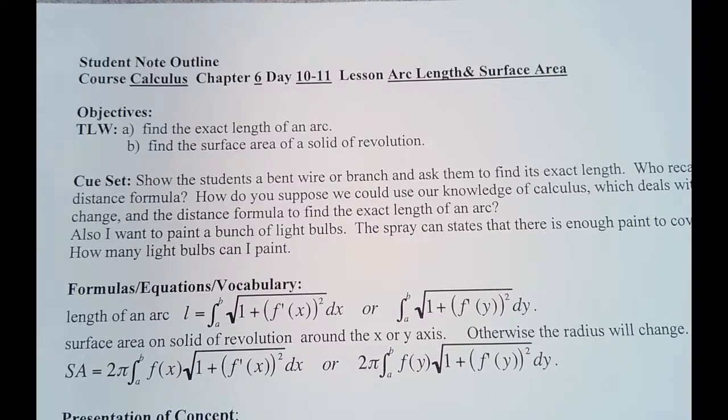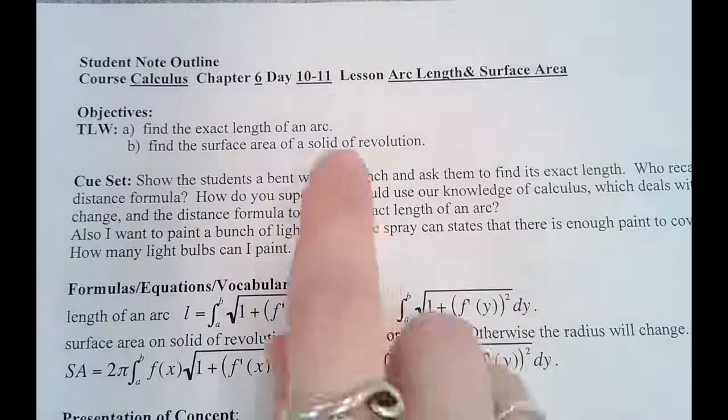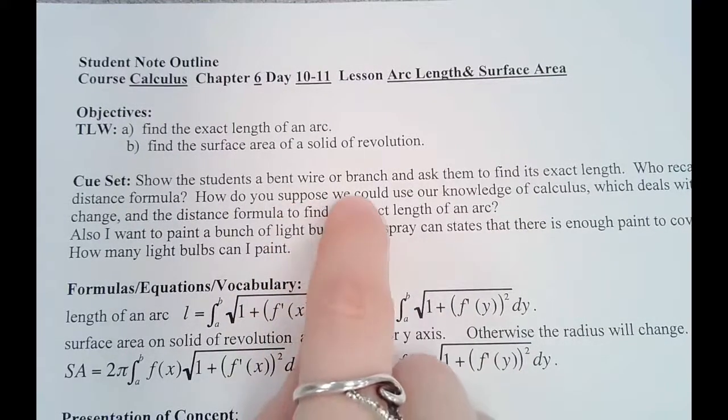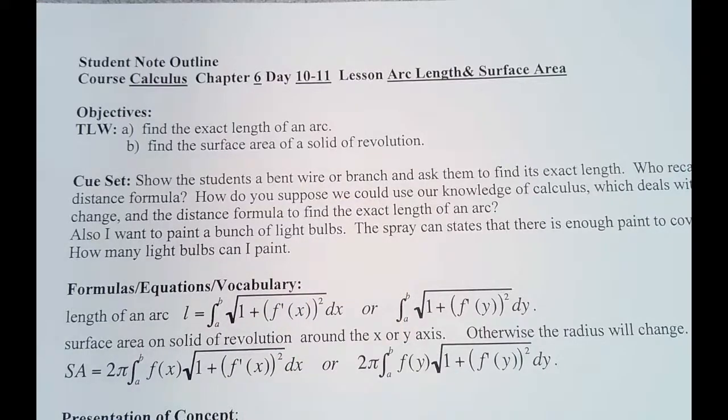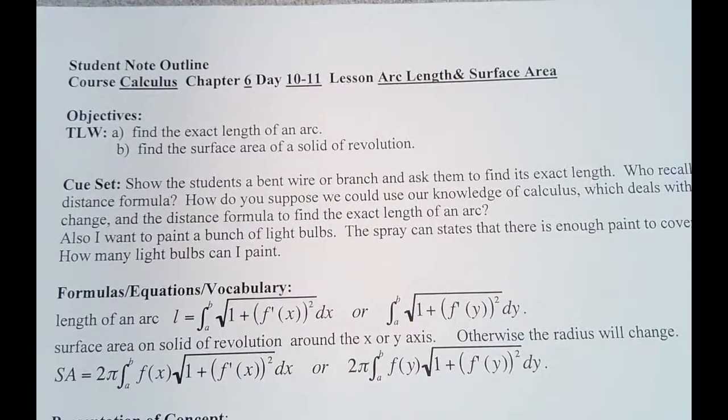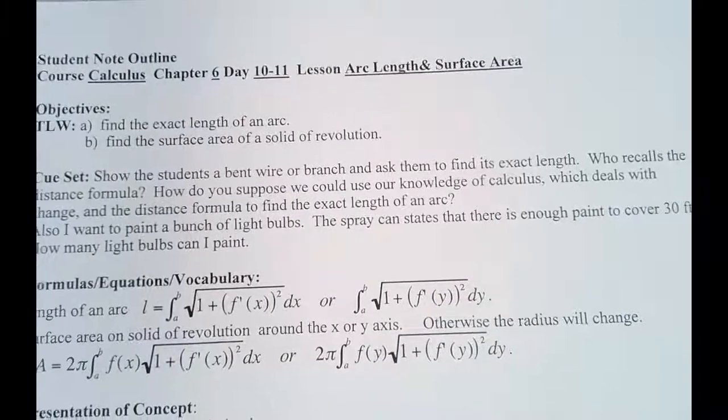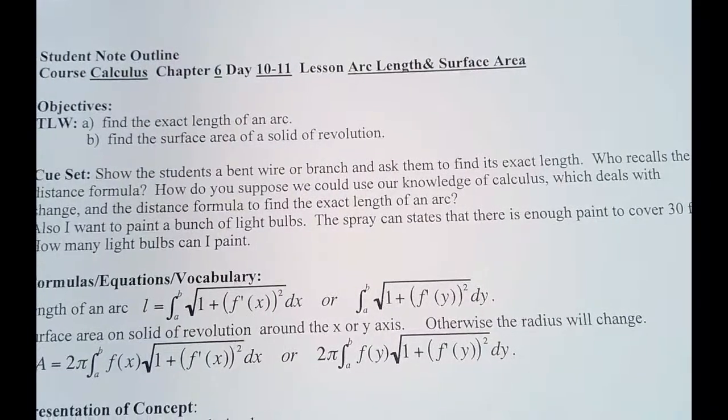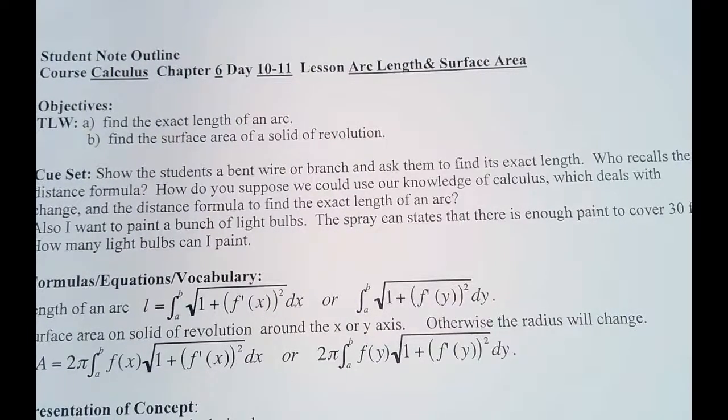All right, so I did not actually bring a wire or a branch for you, but how you would find the length of that is probably, maybe put a string along it, straighten it out, and then measure it. Or you could find little straight sections, measure the length of each section, and then add those together.